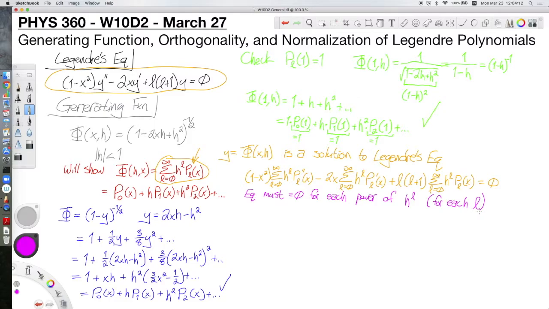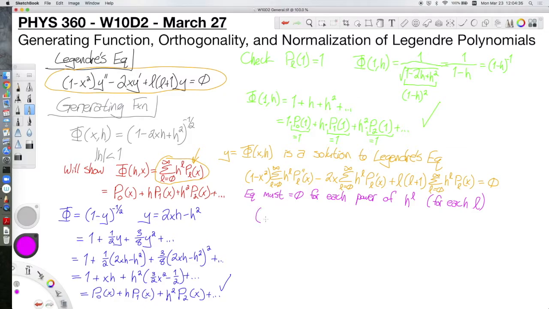Because if we want some number times h plus some number times h squared plus some number times h cubed to equal 0, each of those numbers individually have to be 0. So we can just take out these h^l terms and these summation terms. And our expression still has to hold true.